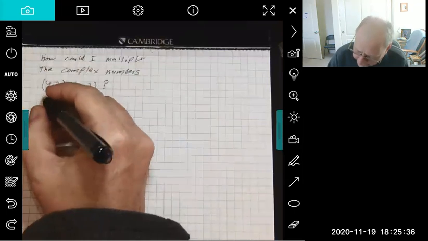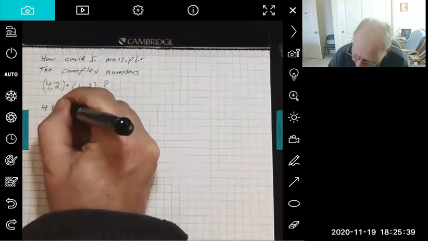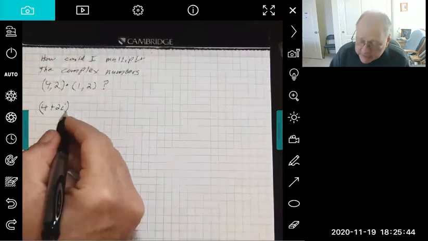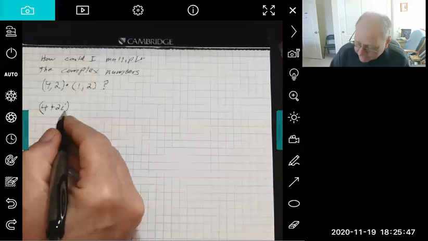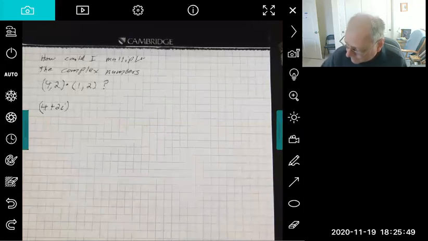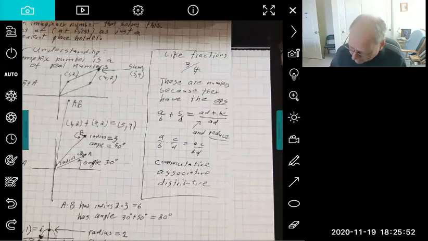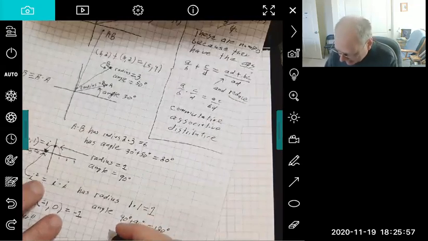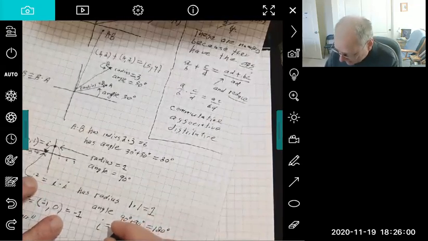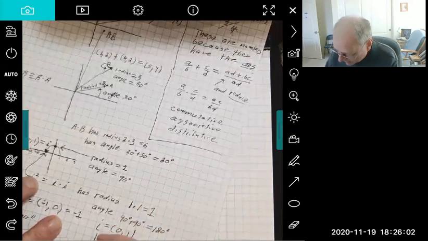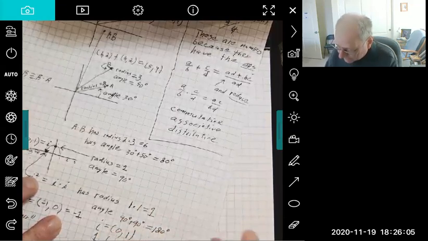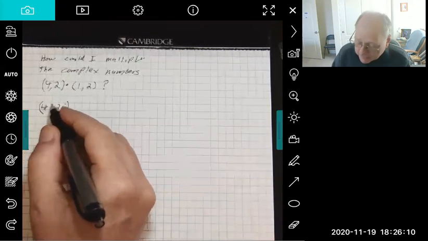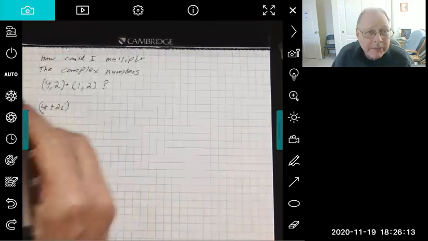Well, the 4+2i is 4 on the real axis plus 2 on the imaginary axis. See, when we make these pairs, this i is 0, 1, and 1 is 1, 0. So 4 times 1 plus 2 times i gives you this pair up here.